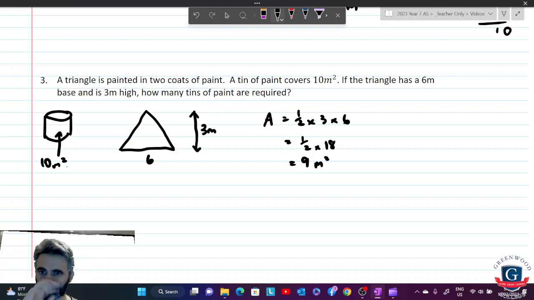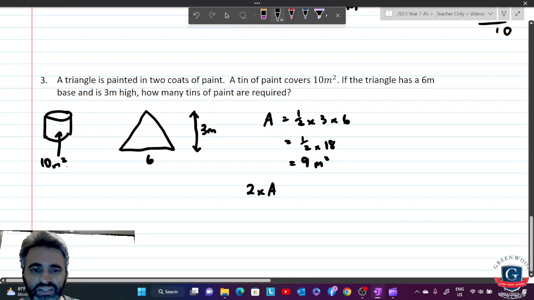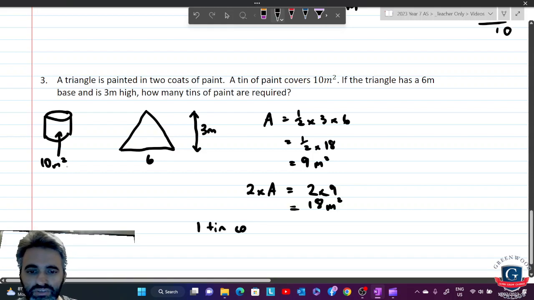Okay, so we need to cover it with 2 coats of paint. So that's going to be 2 times the area equals 2 times 9 equals 18 meters squared. How many tins of paint? 1 tin covers 10 meters squared.